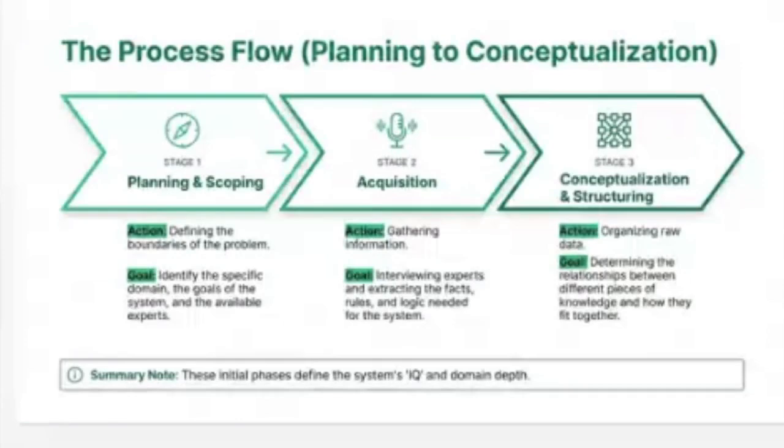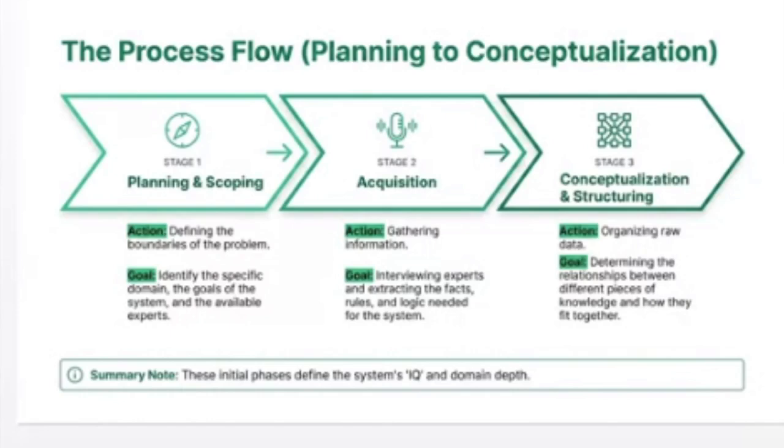The process flow. So the first process is planning and scoping, which involves defining the boundaries of the problem. That is, the action being done is defining the boundaries of the problem. Then the goal is to identify the specific domain, the goals of the system, and the available experts, those are the domain experts.